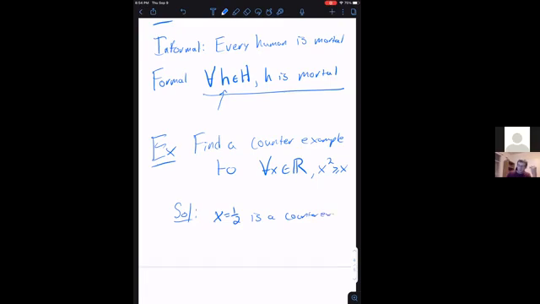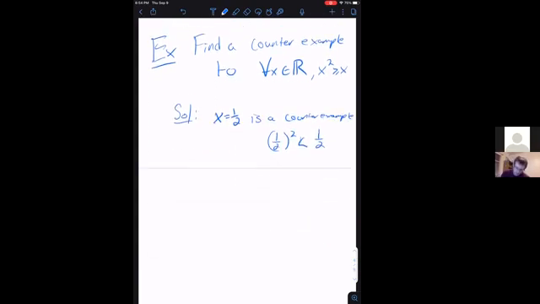It's a counterexample because 1/2 squared is definitely less than 1/2. All right. So those are counterexamples. Like I said, we've kind of been doing this over and over again. Now, what if I said this?